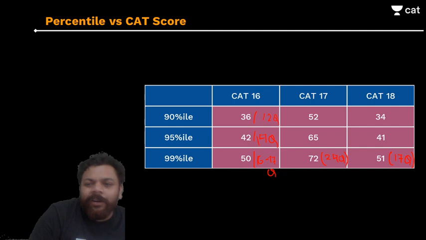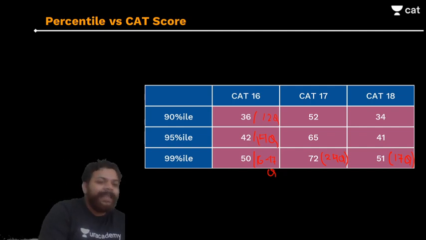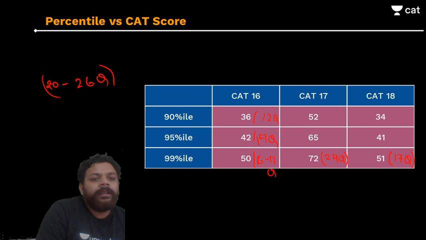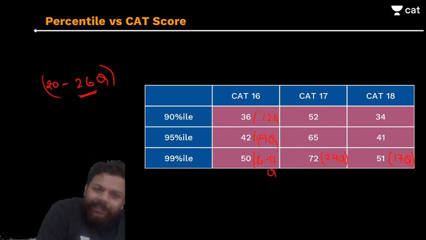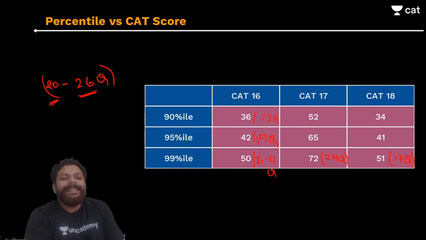So you can clearly observe that out of a total 34 questions, you need to attempt between 20 to 26 questions only. If the paper is easy, then you need to attempt 26 questions. If it is really tough, you need to attempt at least 20 questions.